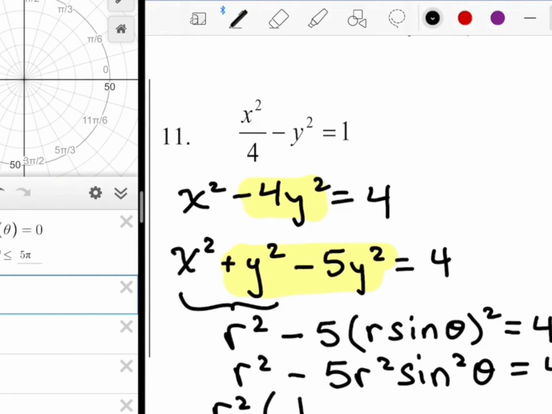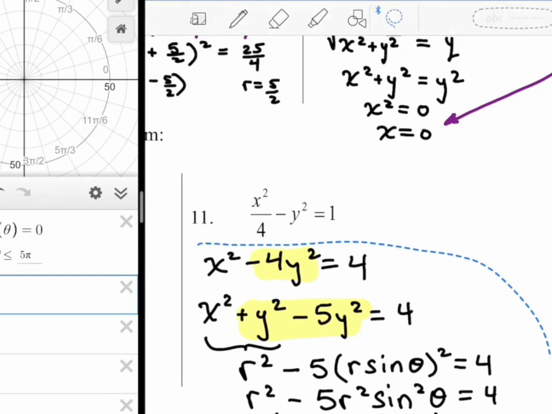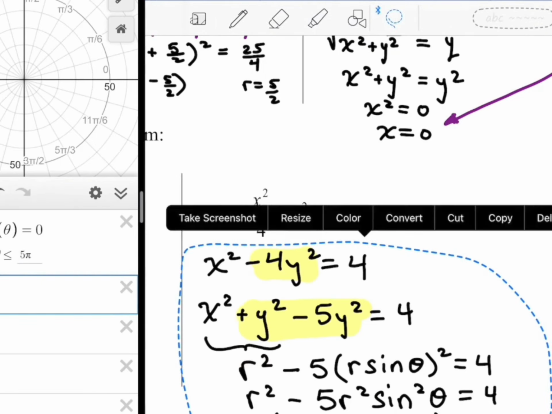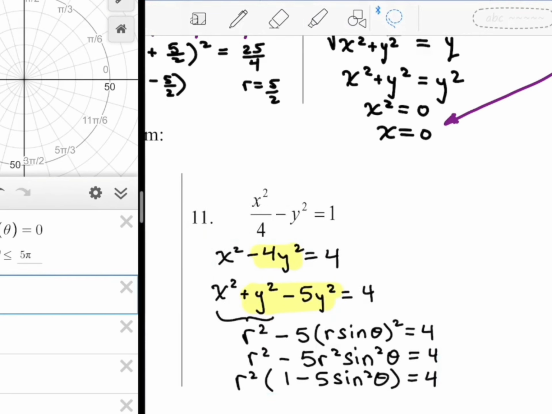Now at this point, you can GCF out the r squared: r squared times (1 minus 5 sine squared theta) is equal to 4. And then from there, we can just divide, and we'll have a relation that's solved for r in terms of theta. We'll just have to take the square root.